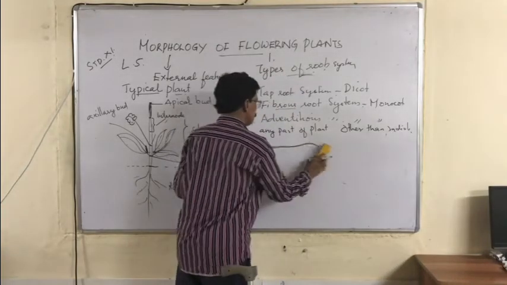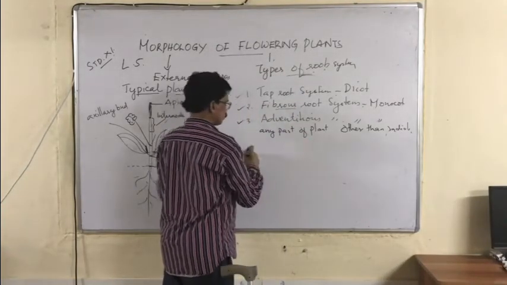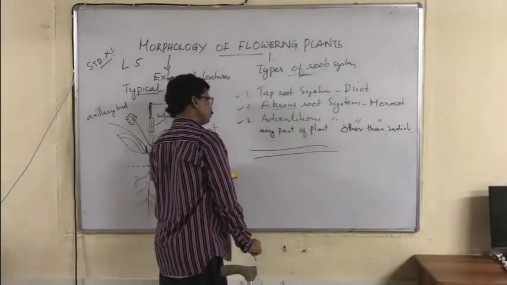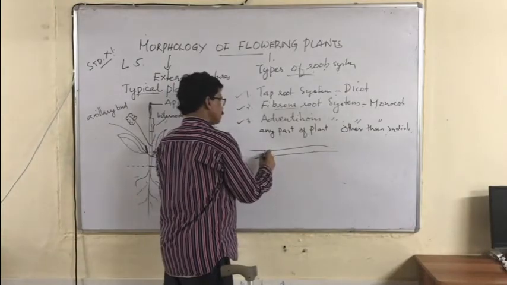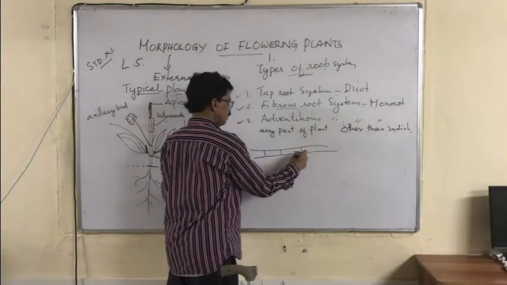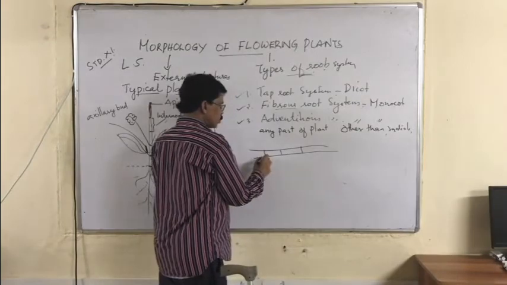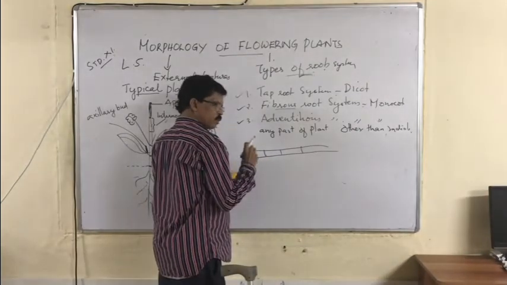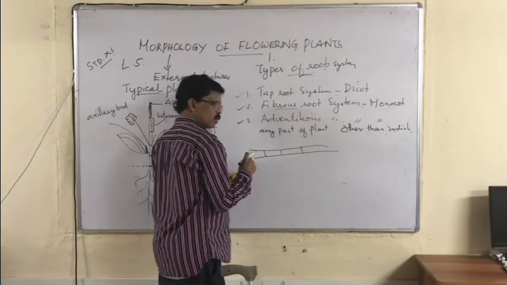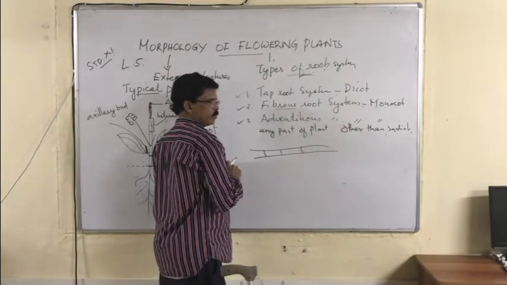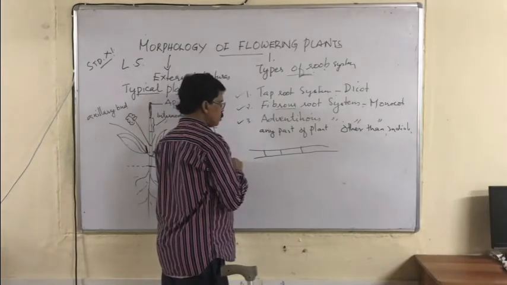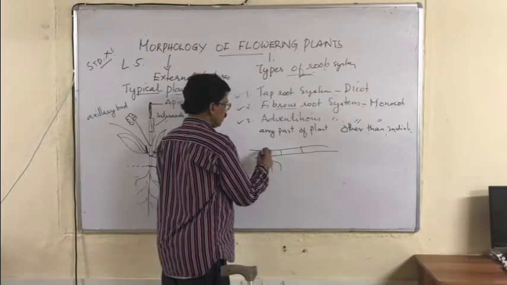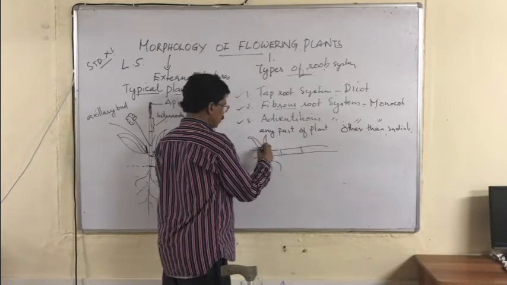For example, suppose this is the stem, and this is the node. What is a node? The node is the part of the stem from where leaves, branches, fruits, etc. develop. But in the adventitious root system, from the node, the roots develop. And here leaves develop on the upper side.